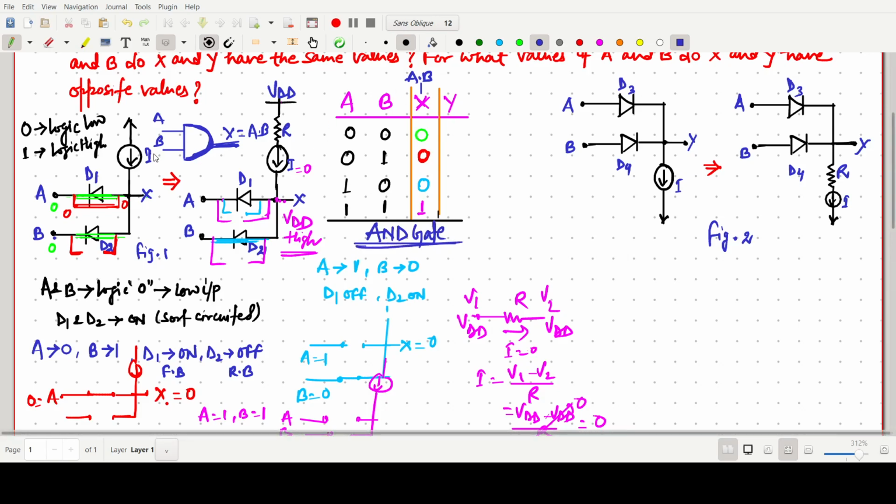Okay, simple representation. In the A B 1 case both are open, so the same potential will be there, the current will be 0, the circuit will be open. So this is the case.